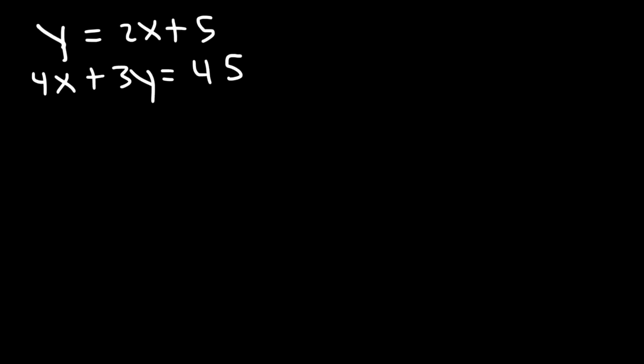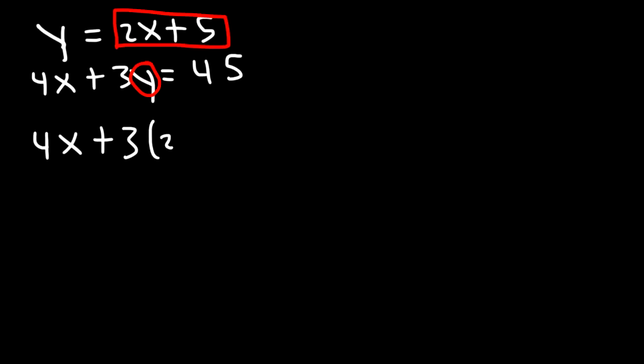So since y is equal to 2x plus 5, we can replace the y in the second equation with 2x plus 5. So we're going to substitute it into the second equation. And so we're going to have 4x plus 3. Instead of y, it's going to be 3 times 2x plus 5, and that's equal to 45.